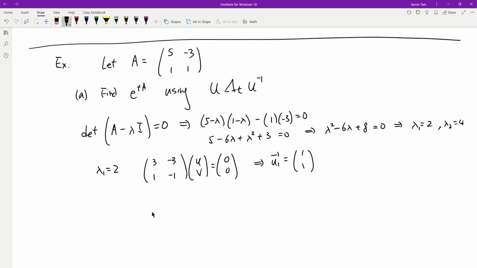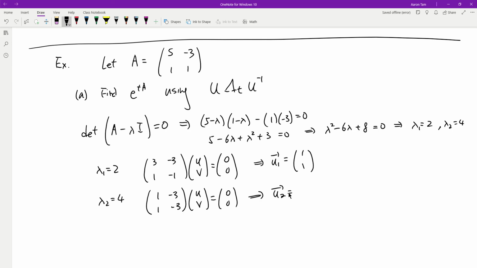Okay. And lambda 2 is 4. So therefore that comes out to be 5 minus 4 is 1, negative 3. And then the bottom would be 1, and then 1 minus 4 is negative 3 again, times u, v equal to 0, 0. So therefore this one will be for lambda 2.